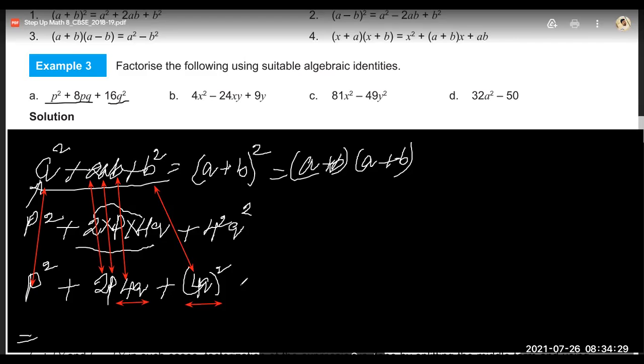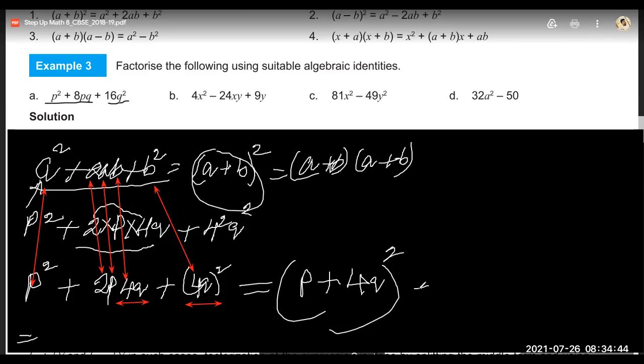So what do we do now? We will write it just the way we write a plus b whole square. Here in place of a we have p, in place of b we have 4q, and whole square. Now it is factorized, but we need to show it as a product of two numbers.